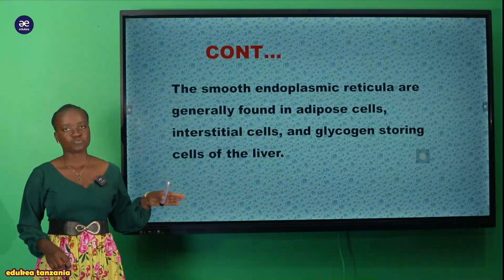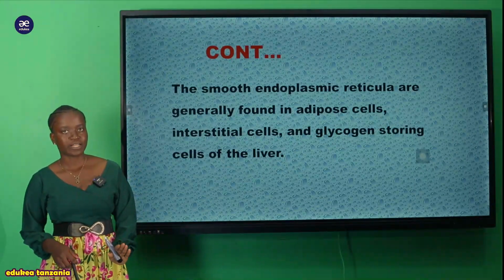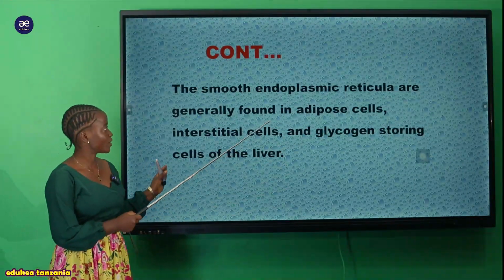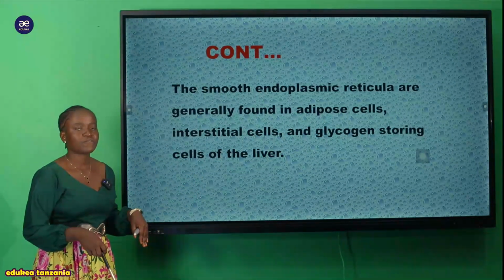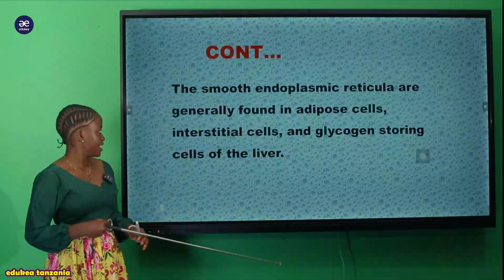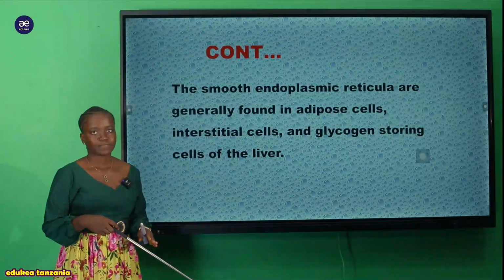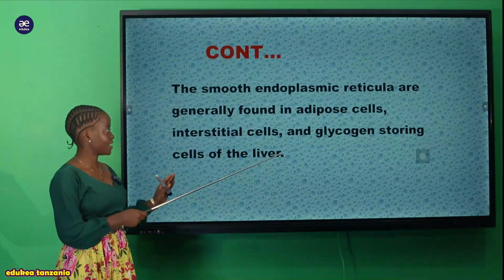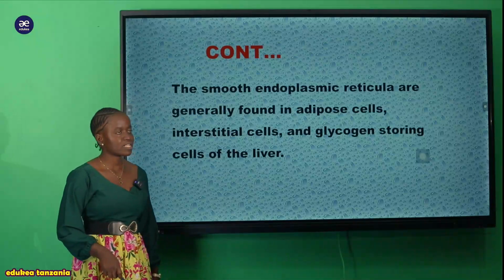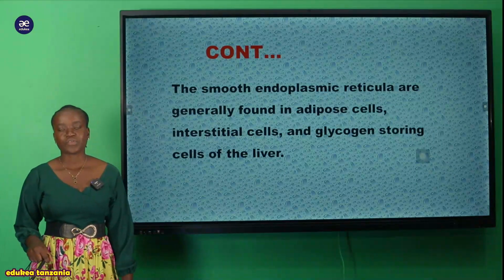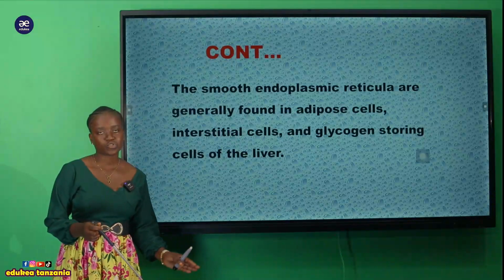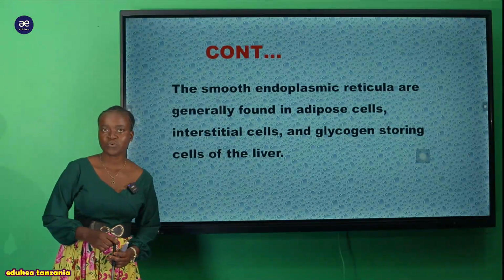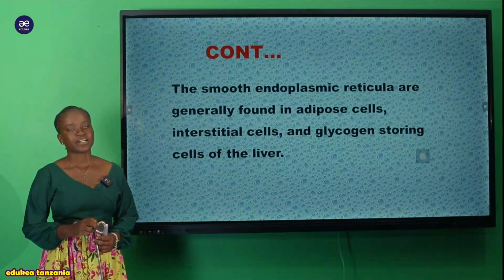Simply, it is located within the adipose cells of living organisms, interstitial cells, and also in the glycogen storing cells within the liver. That is where you can find a lot of smooth endoplasmic reticulum.